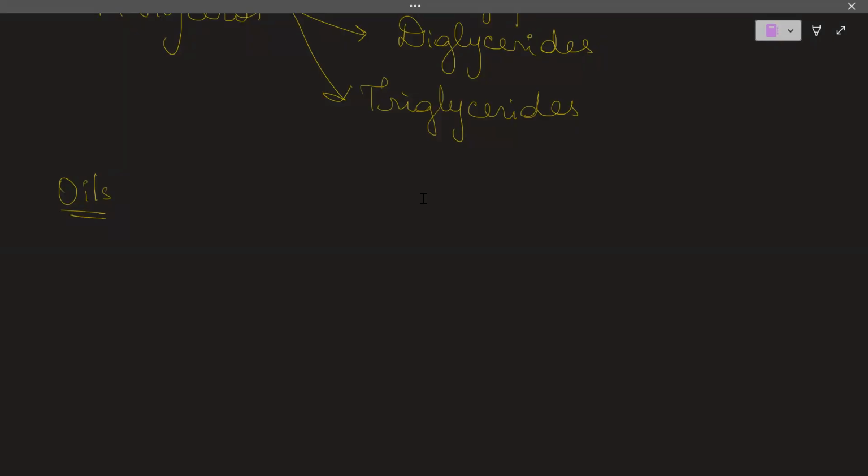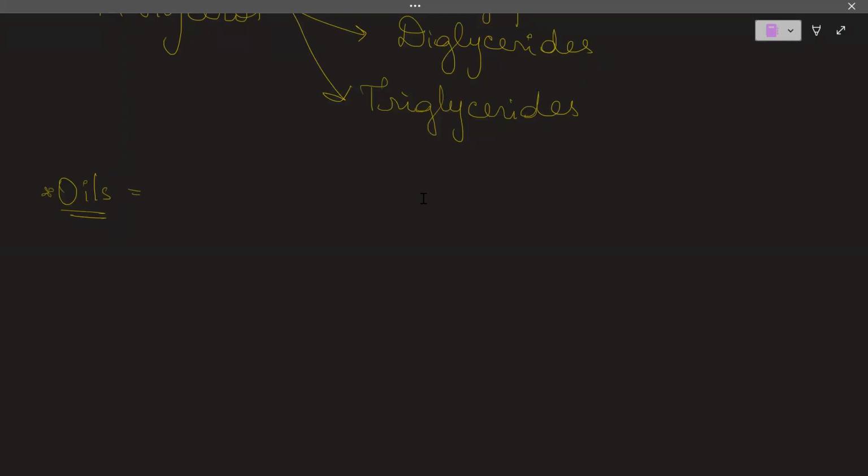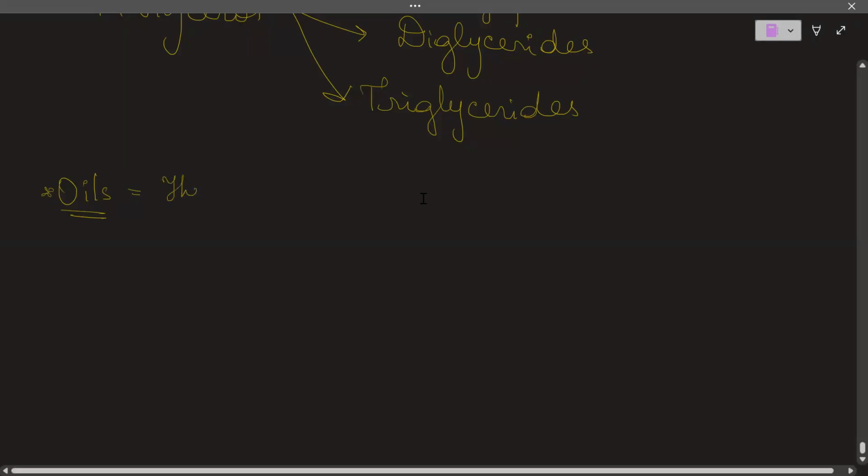If you have seen oil, does it remain liquid throughout the year? No, ma'am. During winter, yes, it hardens. But if you think about cooking oil, does it solidify? No, ma'am. So these oils have low melting points.